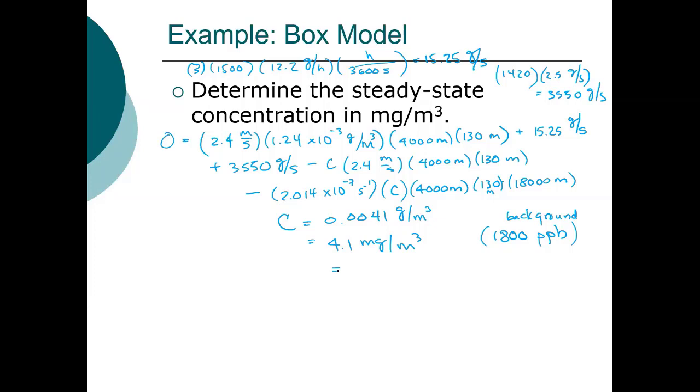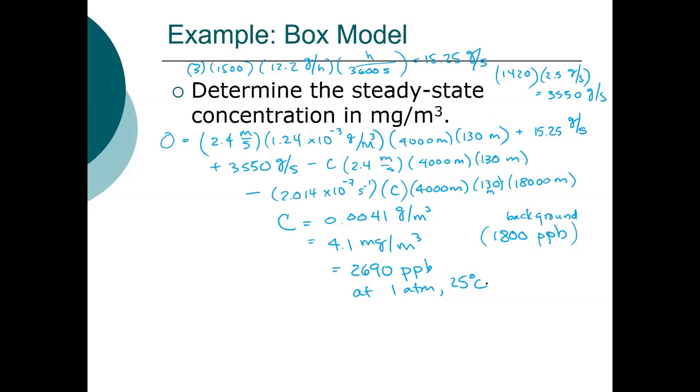And this value here is equivalent to roughly 2,700 parts per billion at 1 atmosphere and 25 degrees C. So just to do a conversion, just to give a comparison. So this would be quite a high level compared to background levels. Any questions?